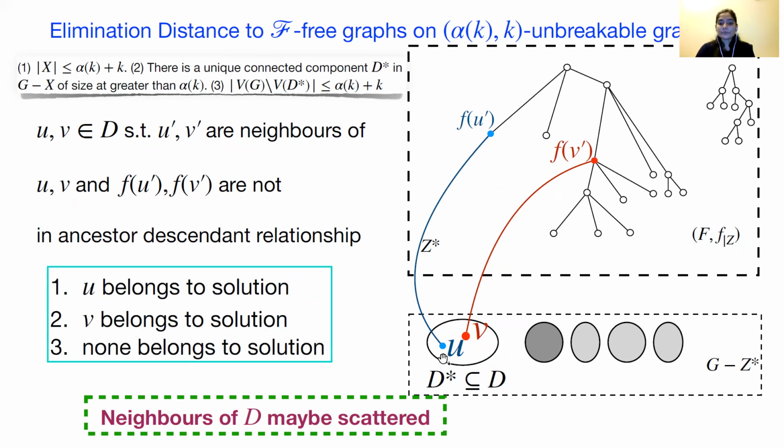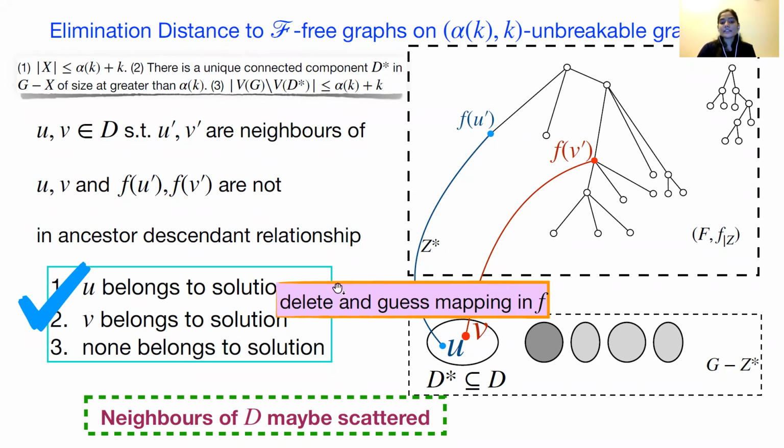And as we observed, either U belongs to solution, V belongs to solution, or it can happen that none of them belongs to solution. So I'll come to the third case. But in the first two cases, it is easy to see that when we guess that one of the two cases is happening, then we can delete either U or V, and we can guess its mapping in the forest as well.